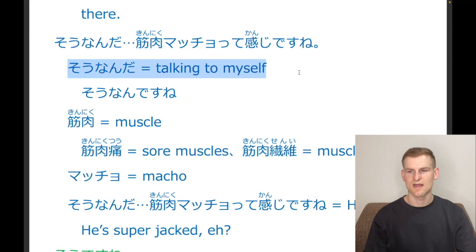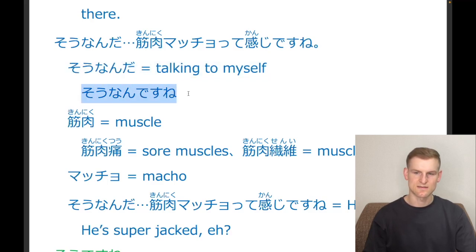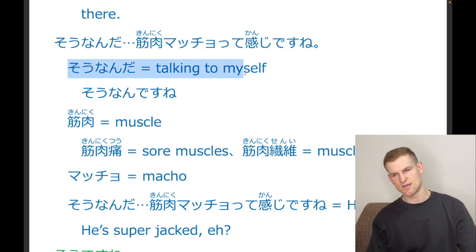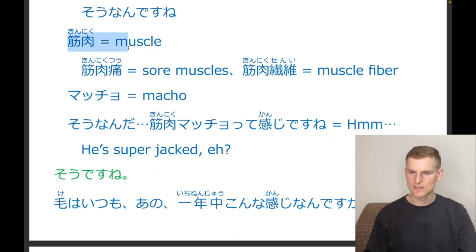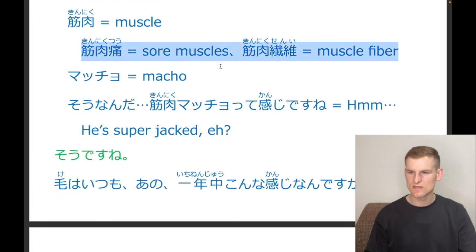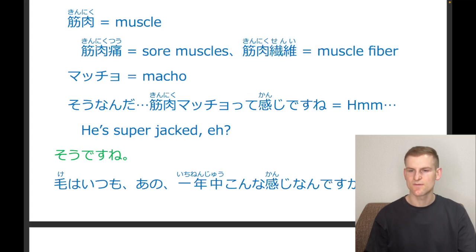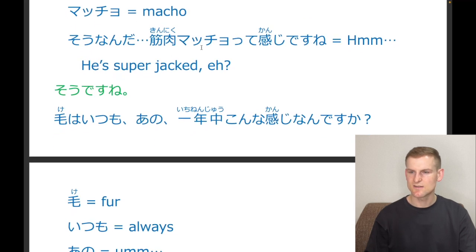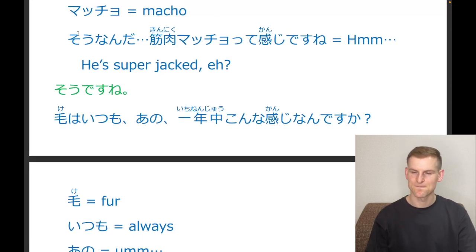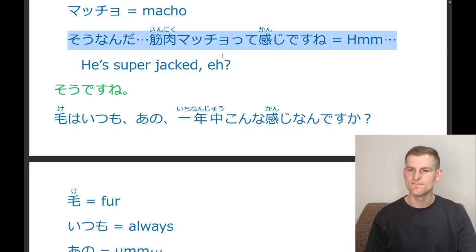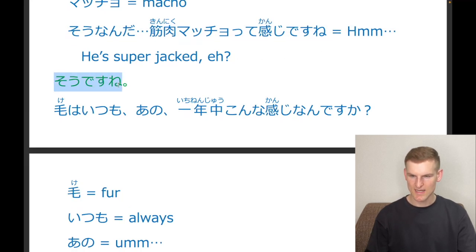The polite form is そうなんですね but this is very under my breath, so I don't have to use the polite form. 筋肉 is muscle. 筋肉痛, sore muscles. 筋肉繊維, muscle fiber, etc. Very common word. And I'm adding マッチョ, which comes from macho. Once again, we get this って感じですね, kind of just making stuff vague. As I said before, I use this way too much. You don't have to use it as much as I do by any means. Some people use it a lot. So, he's super jacked, eh? そうですね, yeah, that's right.